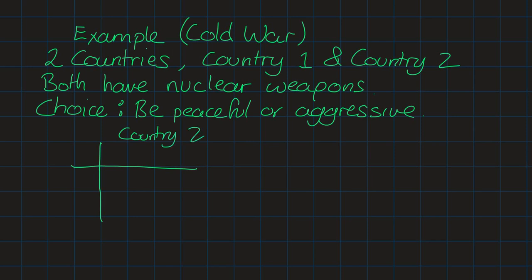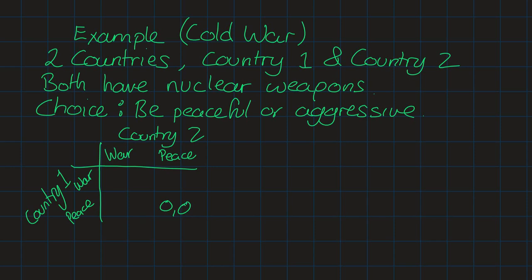And if we turn this into a payoff matrix, Country 2, Country 1, and I'll just denote the choices by war and peace. So if they're both peaceful, nobody gains anything, nobody loses anything. So it's a 0-0.